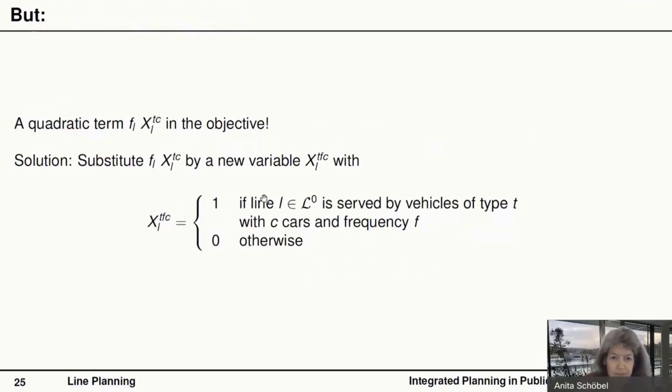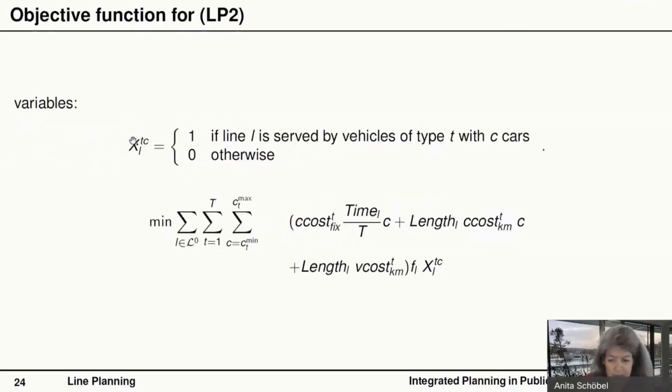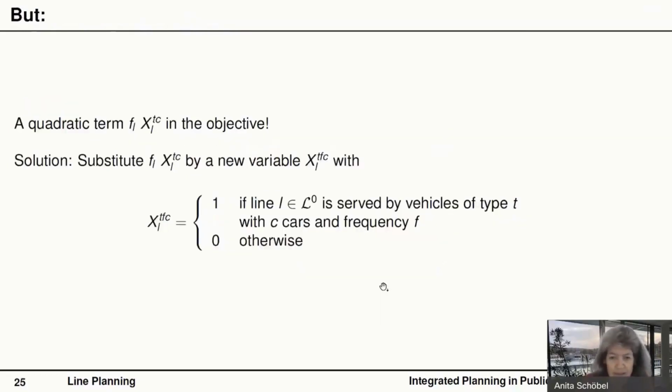And you will even have a quadratic term in the objective because you multiply our variable with the frequencies later on. So that's what you see here, f_L times our variable. That's a multiplication of 2 variables, which is bad. So to avoid this, we even need to have 1 more index in our variables.